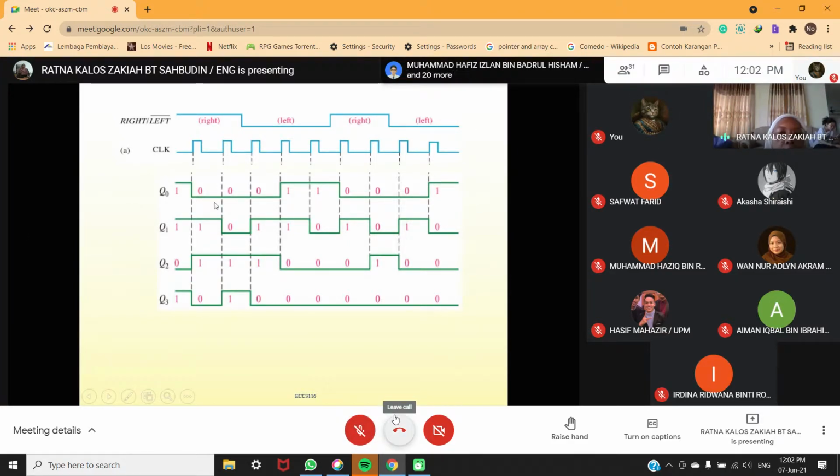And then you see Q2 is 0 here, so it goes to Q3. The top one just now, because you start with 1 here, so this one will be 0. So this is shift to the right. This one goes to Q1, this one at Q1 goes to Q2, and this Q2, the 0, goes to Q3.